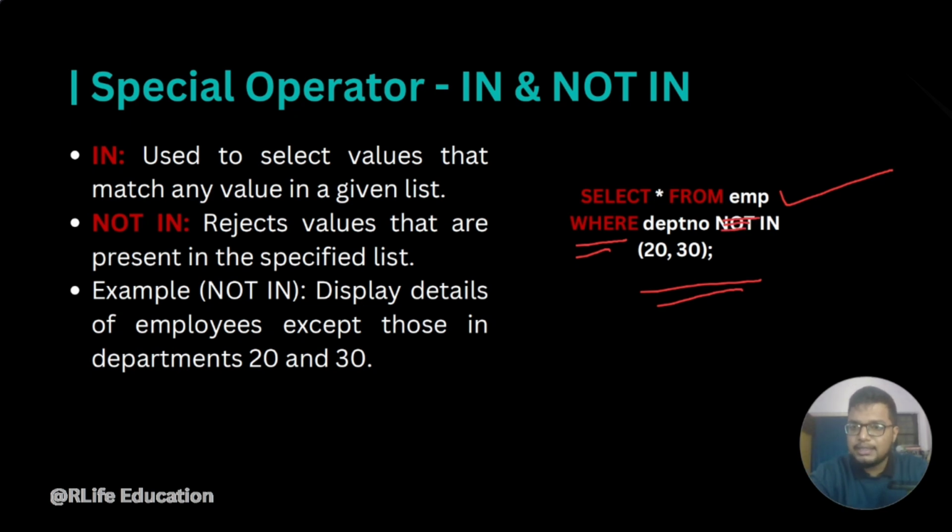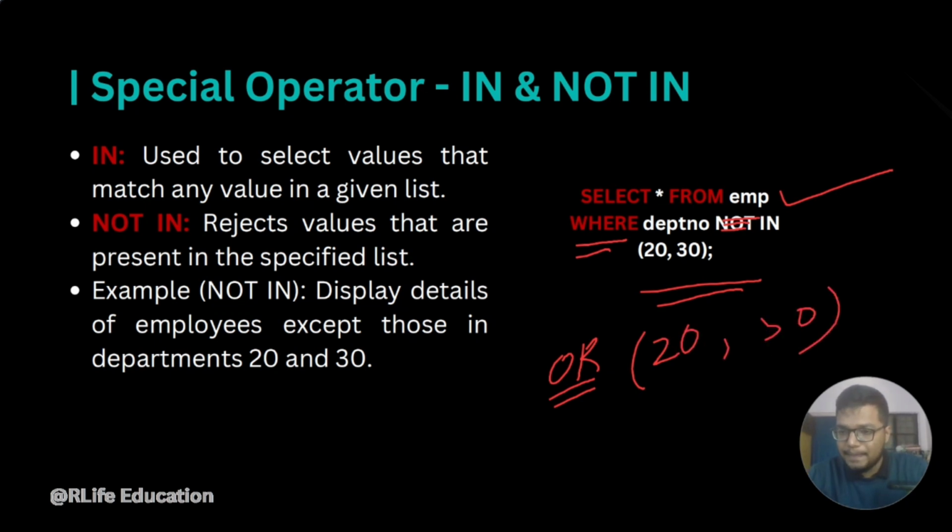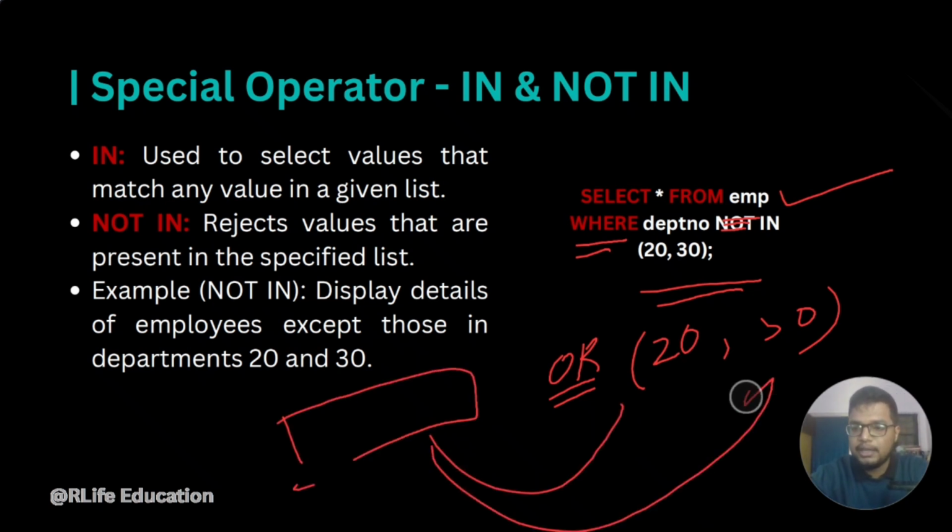In this case, the IN operator works as an OR operator. That means if the department number is 20 or 30, if any one of the two conditions is satisfied, if any data belongs to department number 20 or department number 30, it is going to show the result. You can see here, it is used to select the values that match any of the given list.